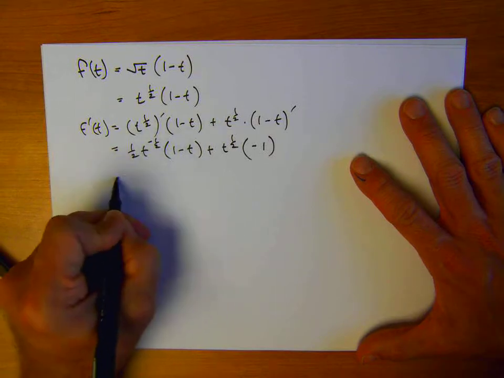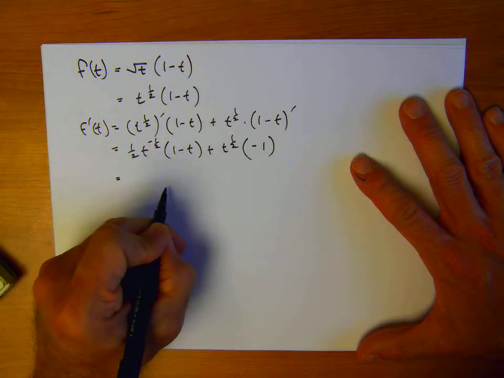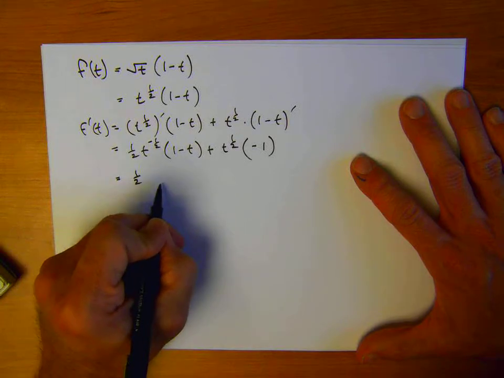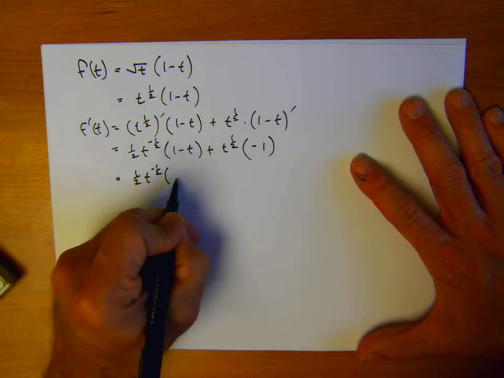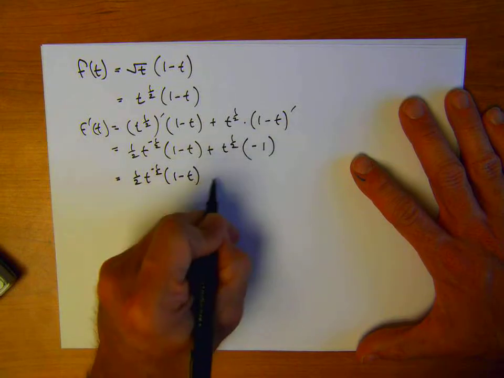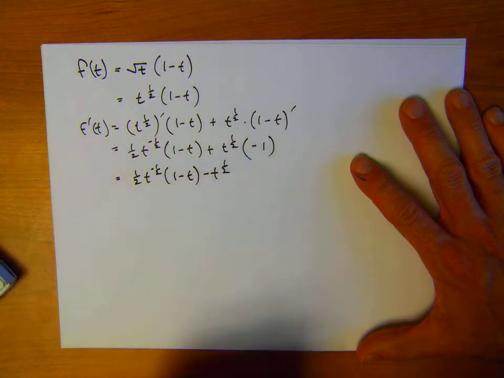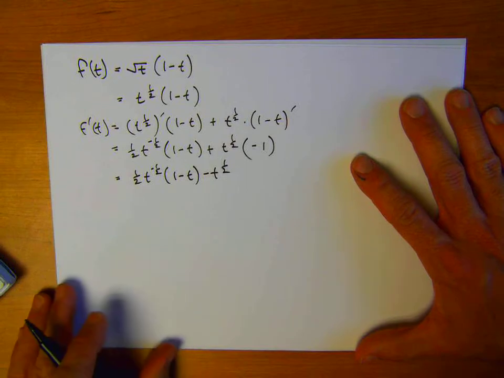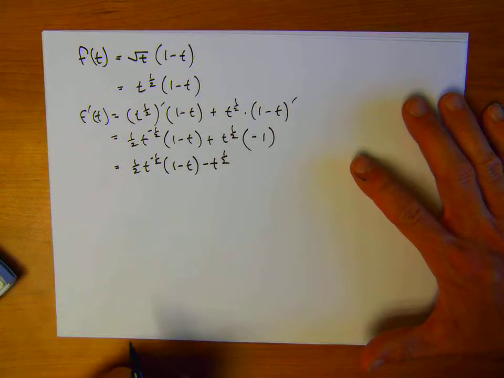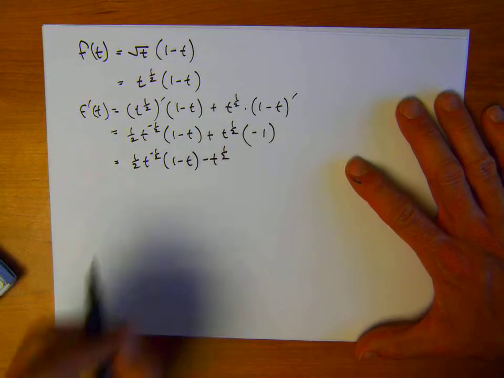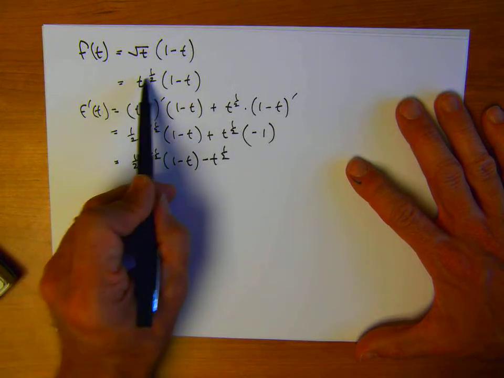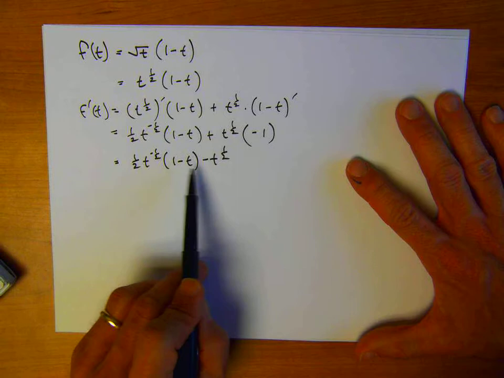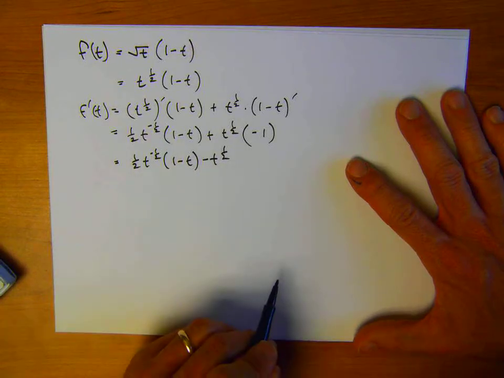We could rewrite this as 1/2 t to the negative 1/2 times 1 minus t, and then minus t to the 1/2. We could go further if we wanted to, but this is about taking the derivative, not about doing algebra. I just wanted to point out with this one, however, that just because I have a product doesn't necessarily mean that using the product rule is the best way to go.